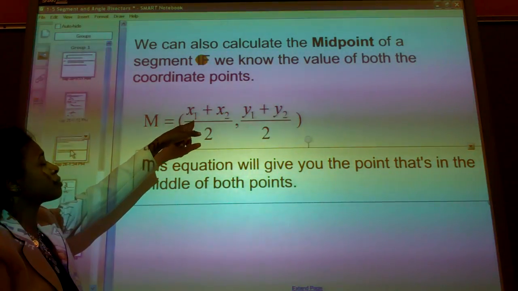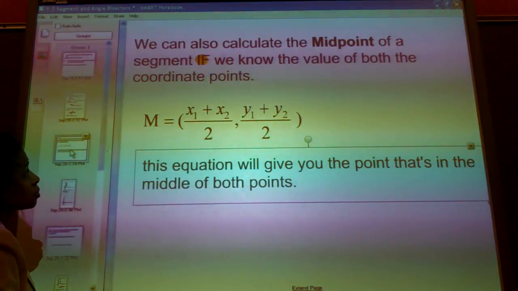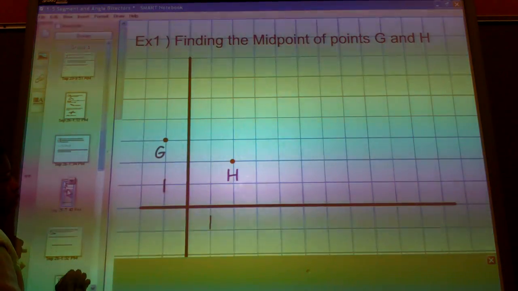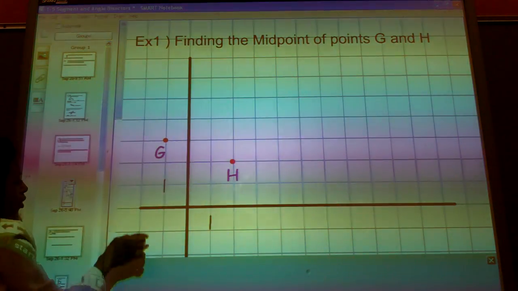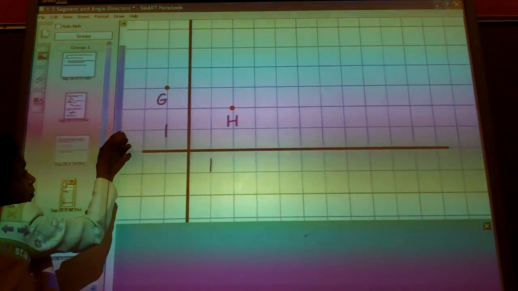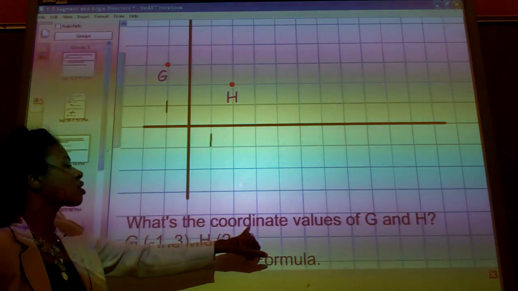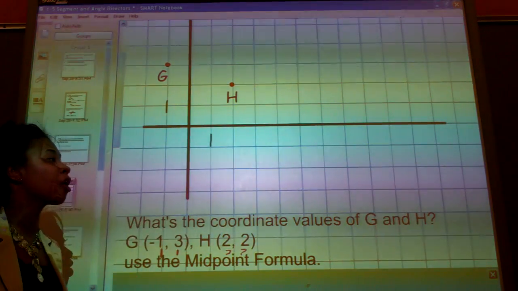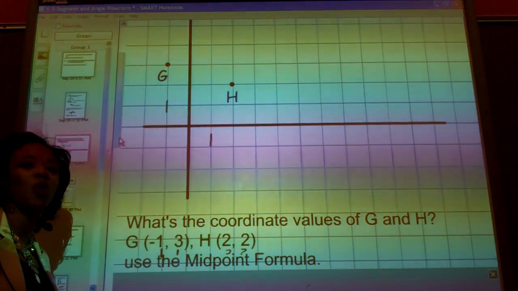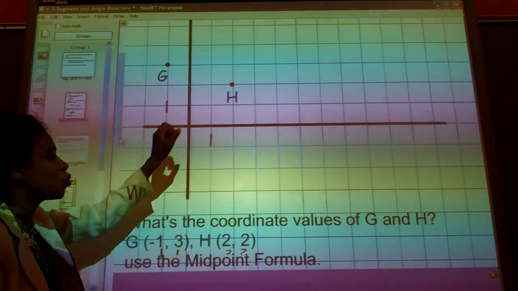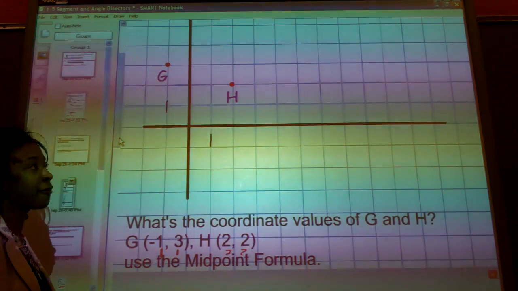Capital M equals X subscript 1 plus X subscript 2 that you have written down. Well, what is the coordinate pair? Let's look carefully. We ask ourselves, what's the ordered pair of G, and what's the ordered pair of H? We should remember how to get that off a graph.